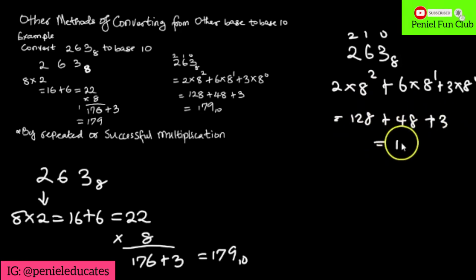So this is also 179 base 10. But you can do repeated multiplication like this. You take the base that is involved, you multiply it by the first digit, then you get your result 16, then you add it to the second one. So that means we multiply, we add, then we multiply with the base again, then we add again. That is how we can convert that.